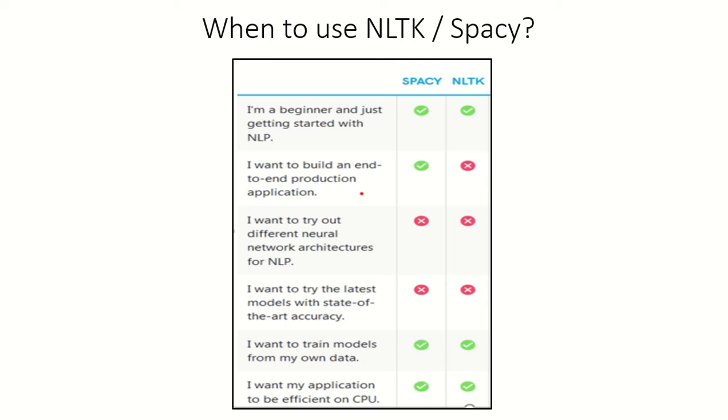Then if you want some good kind of accuracy, you can't use Spacy and NLTK. If you want to train your models from your own data, then yes, definitely you can use Spacy and NLTK. And if you want to build an application that is efficient on your CPU, you can also use Spacy and NLTK. So now proceeding further with the tool Spacy on Google Colab.